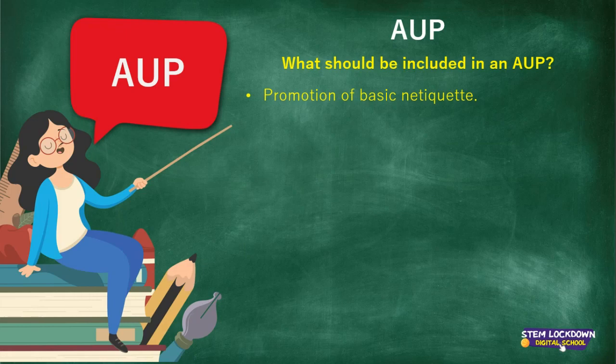You cannot just go and format somebody else's computer or delete their files. There has to be some sort of respect amongst the users, right? So an AUP can have a list of the netiquette that people should follow, right?